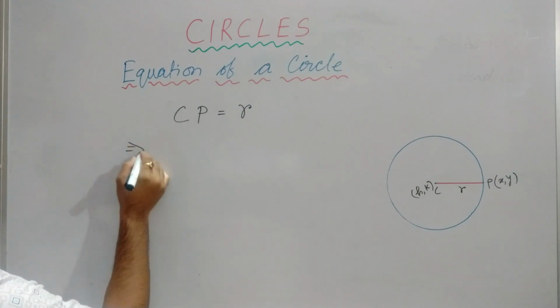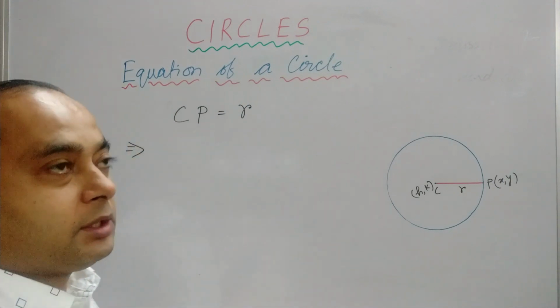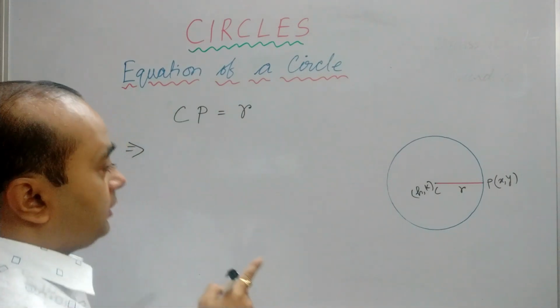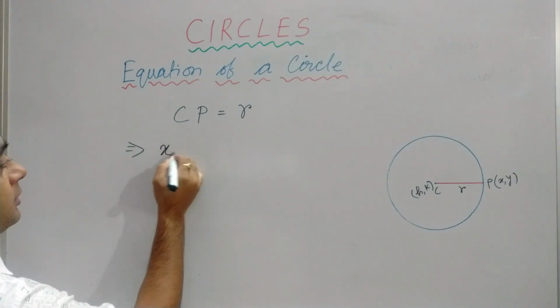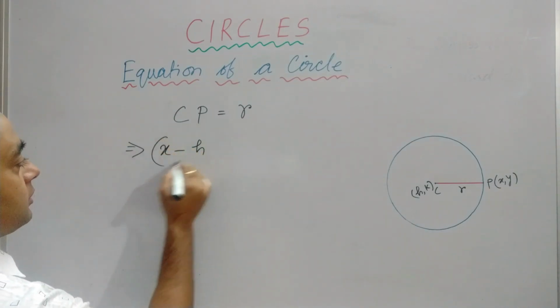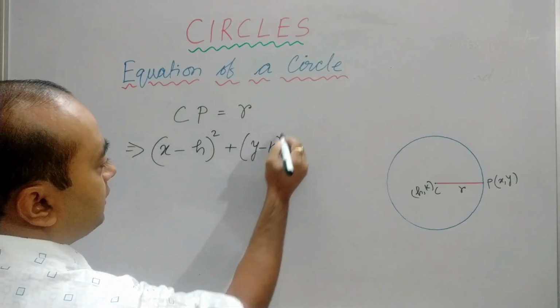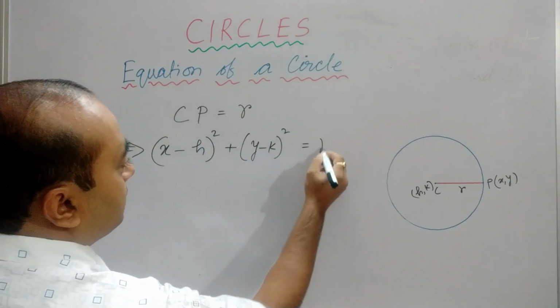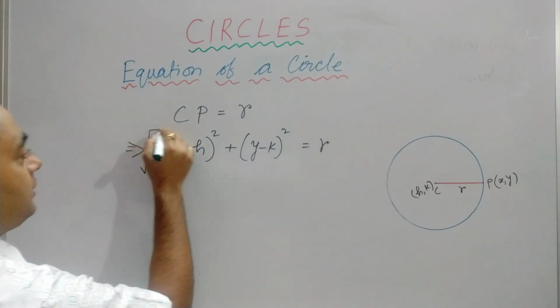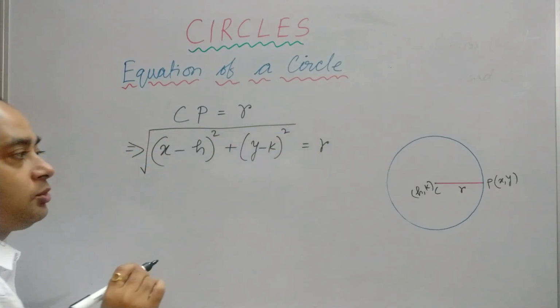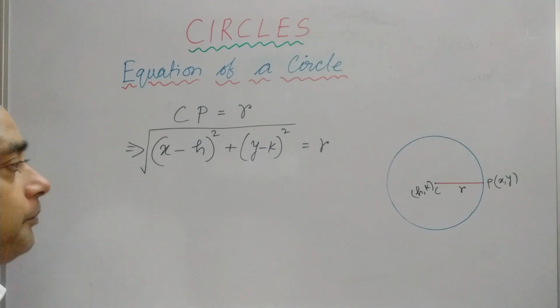In class 10th we have done distance formula, in 11th we have reviewed it also in chapter 10. So this will be square root of (x minus h) whole square plus (y minus k) whole square is equal to r, the distance between 2 points, distance formula.